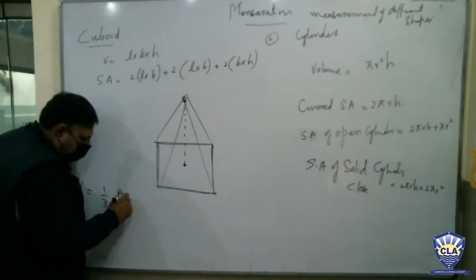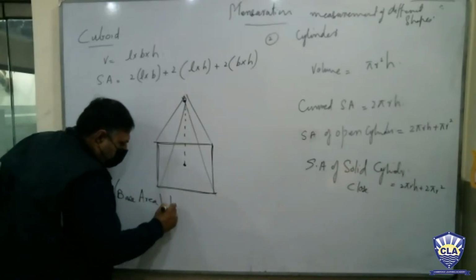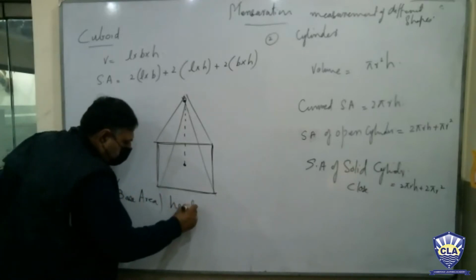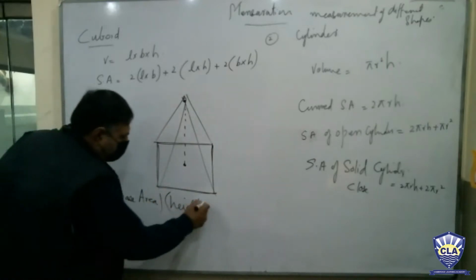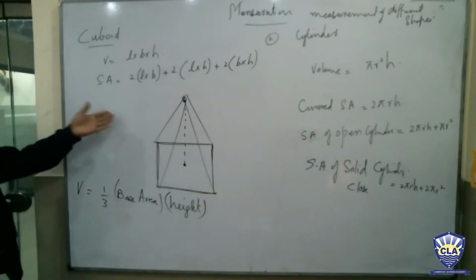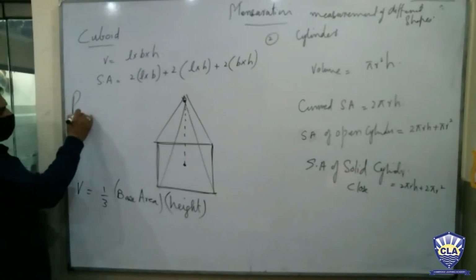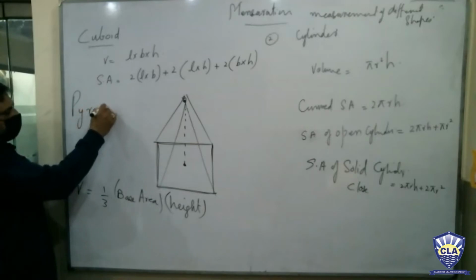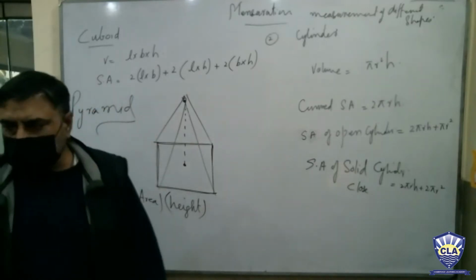So base area into height, 1/3 of that is the volume of this shape. What is the name of this shape? Pyramid.